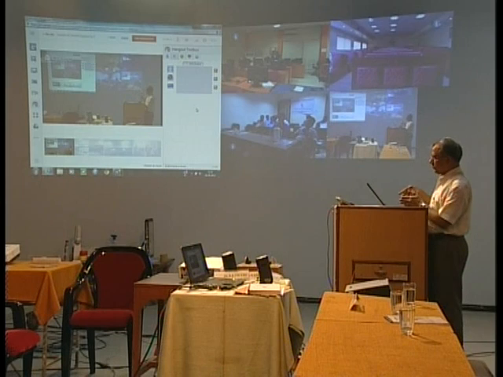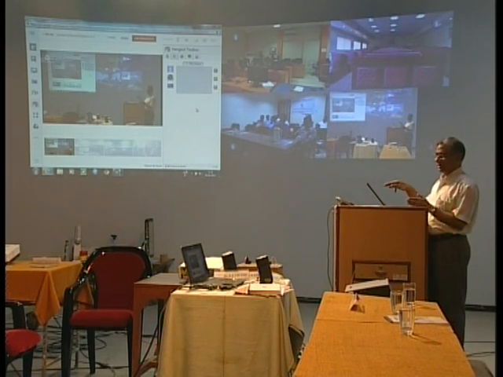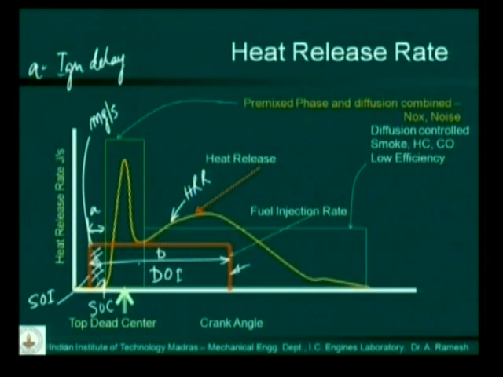If you look at the second phase, it is slow, it is not so fast, it is controlled. In the second phase, you don't have noise, it is smooth combustion, but you don't have very high efficiency because it is slow combustion. The other problem is you are not giving sufficient time for the fuel and air to mix.